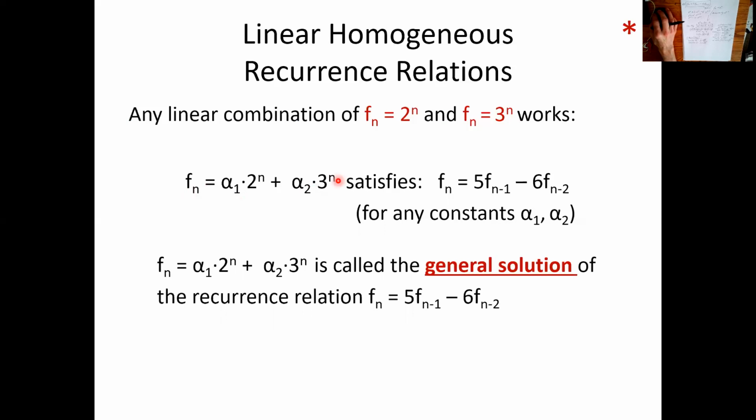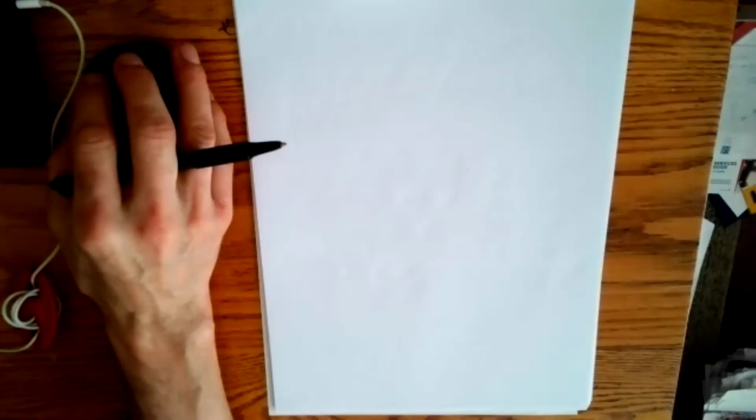Any such choice satisfies this recurrence relation, and such a combination is called the general solution of the recurrence relation. I will not show why these are the only ones, but just that all of these indeed work.